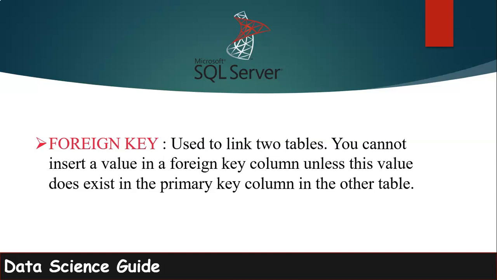So, for example, if you have two tables like department and employee, and let's say department ID is the primary key in the department table, and the department ID also is the foreign key in the employee table.